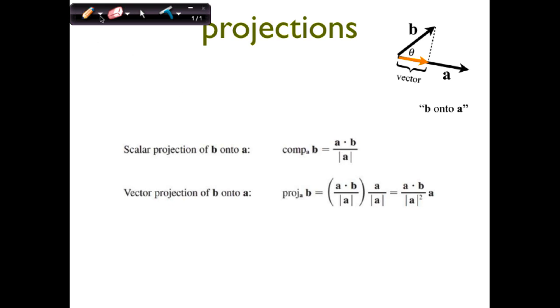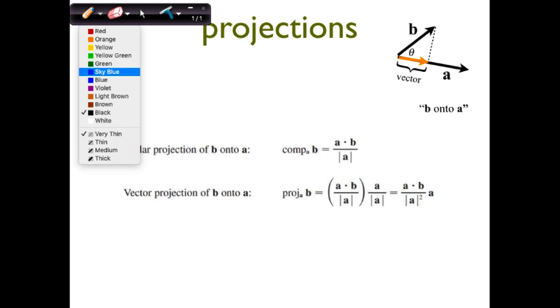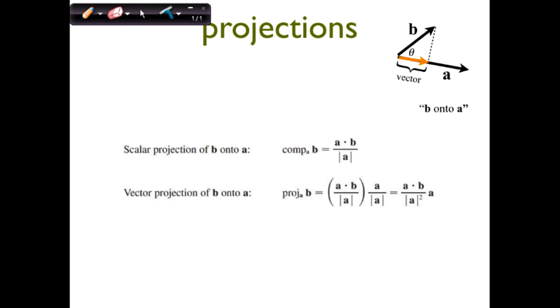So something to think about. How could you find this vector? That's the easiest way. Now to get this vector, this blue one, you're thinking about sine, right?